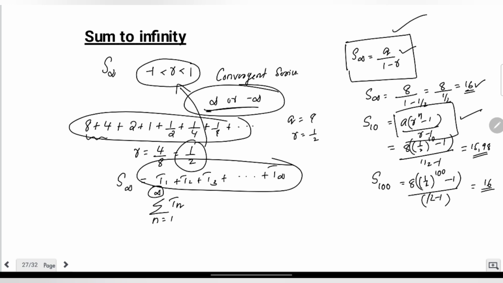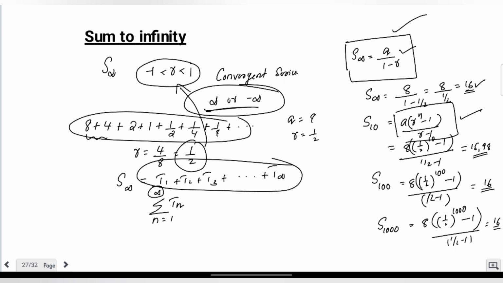You see that one? Then if you try the sum of 1000 terms, that is r is 1/2 to the power 1000, so (1/2)^1000 minus 1 divided by 1/2 minus 1. When you do it in the calculator, again it will give you 16. Even if it goes to 1 million terms or 1 billion or 1 trillion terms, it will give you the same answer, 16, which means the sum to infinity will give you 16.